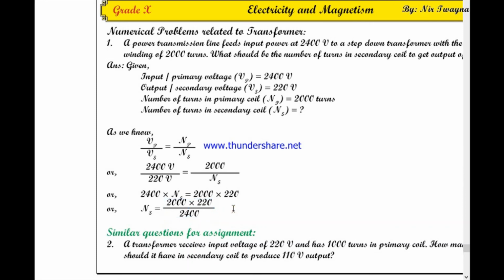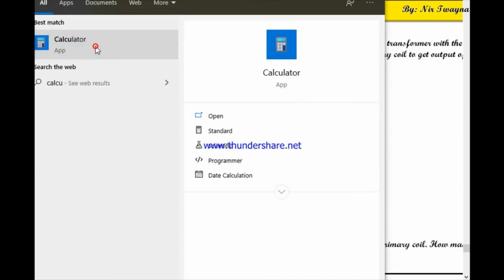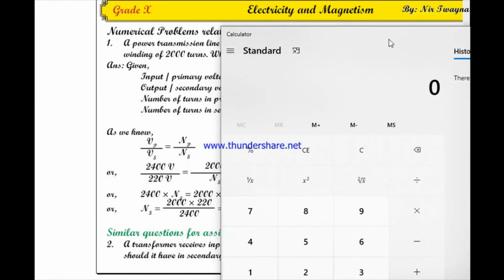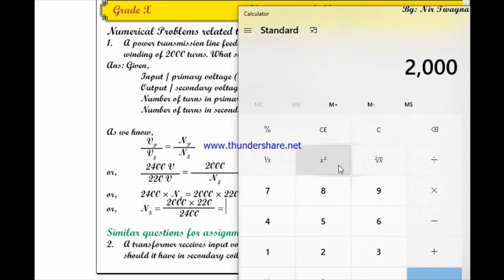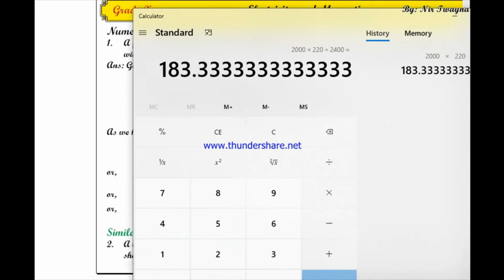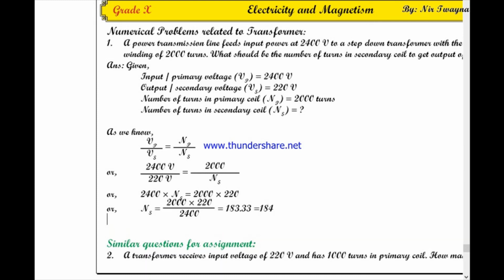Okay, will it give you the final answer or not? Multiply this, how much do you get? 2000 multiplied by 220 divided by 2400. Okay, 183.3, but the number of turns cannot be in decimal. 183.33, so its complete turn would be 184.